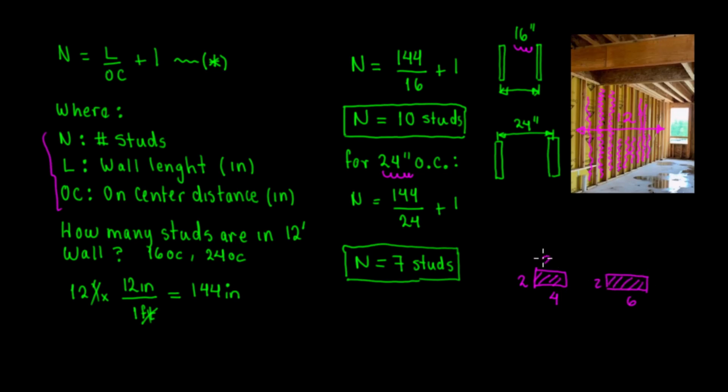So we call this 2x4, and this 2x6, but in reality, instead of a 2x4, this is 1.5 by 3.5 inches, and this is 1.5 by 5.5, because we're taking into account when the wood is already dried.